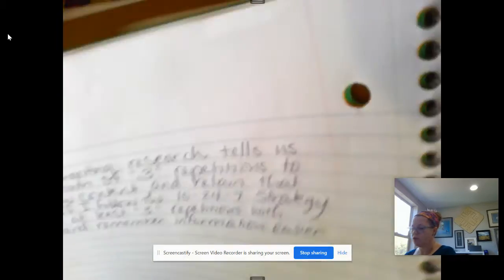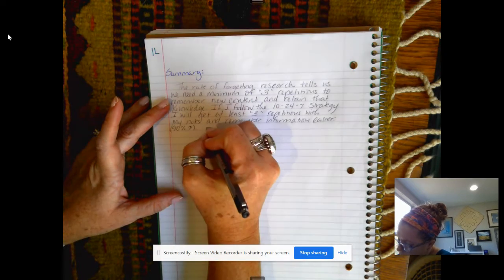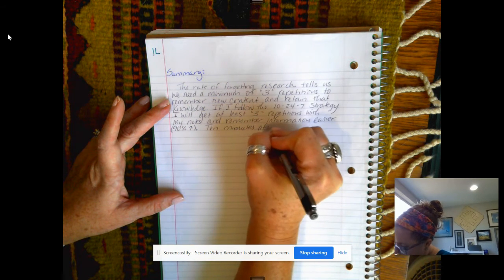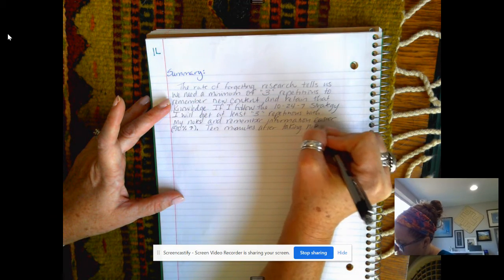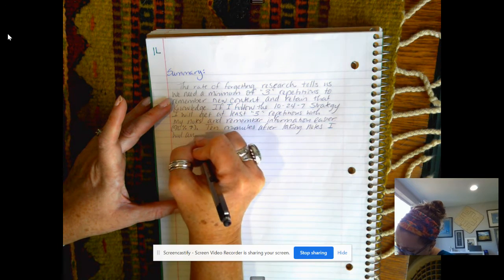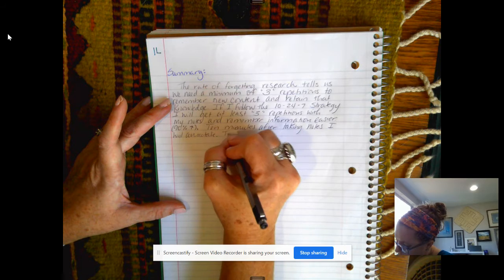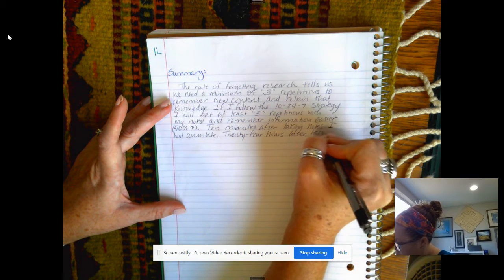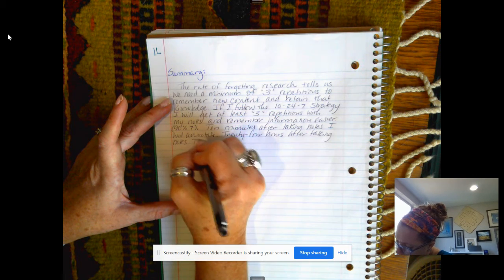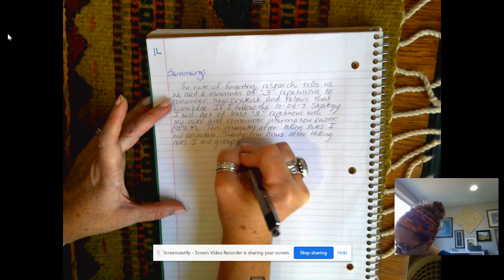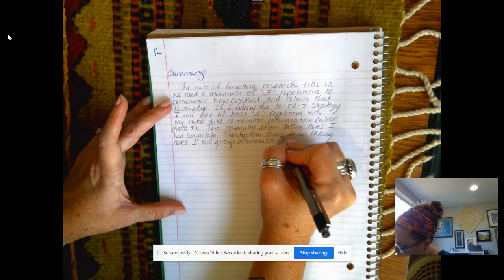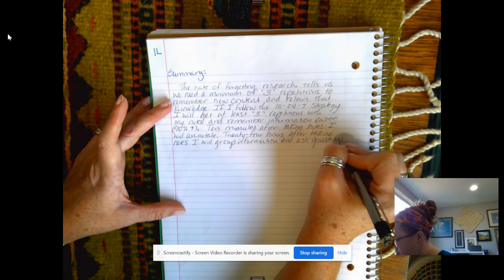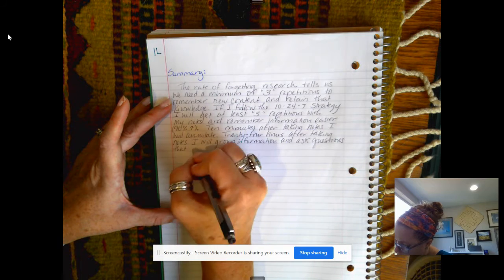I am going to just make sure that I know those strategies. 10 minutes after taking notes, I will annotate. 24 hours after taking notes, I will group information and ask questions that can be found in my notes.